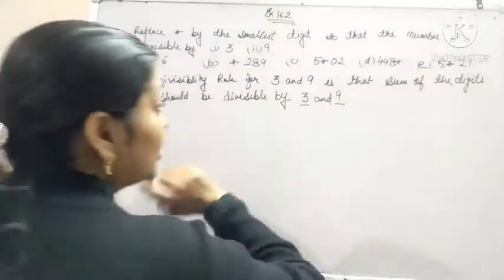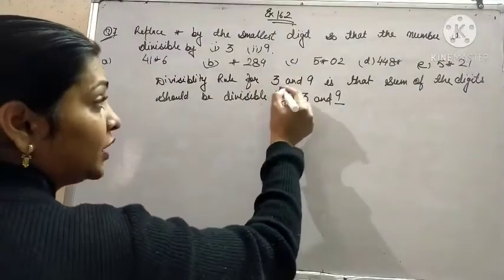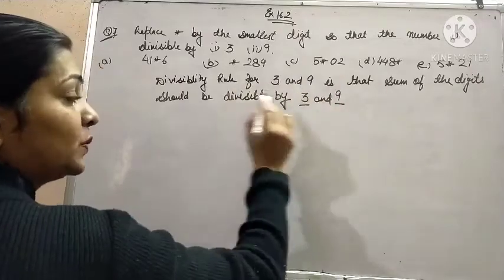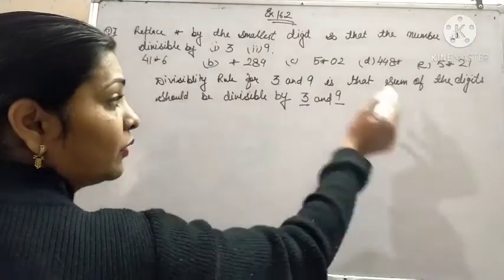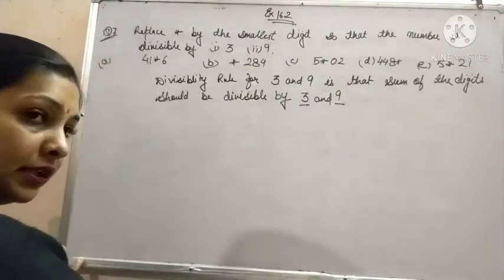If we are discussing divisibility by 3, the sum of the digits should be divisible by 3. But if we are discussing divisibility by 9, the sum of digits should be divisible by 9.